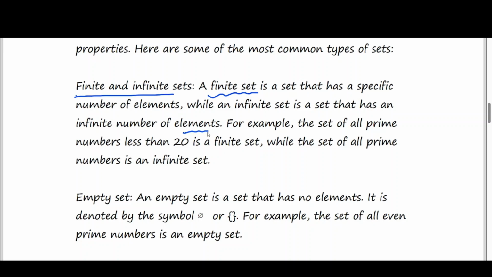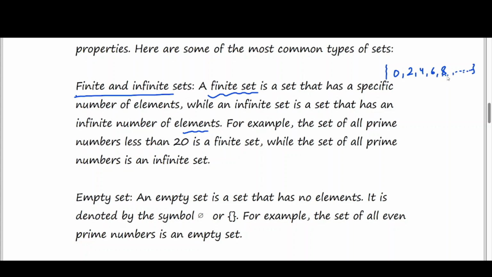Just now we have seen the set of even numbers: 2, 4, 6, 8 and so on. If it is whole numbers, then 0 will also be an even number: 0, 2, 4, 6, 8 and so on. So it can go till infinity.